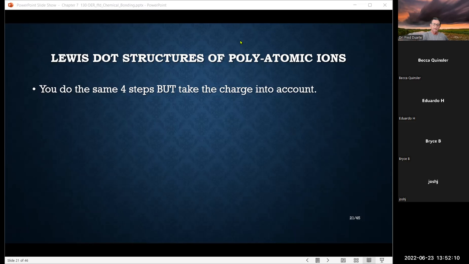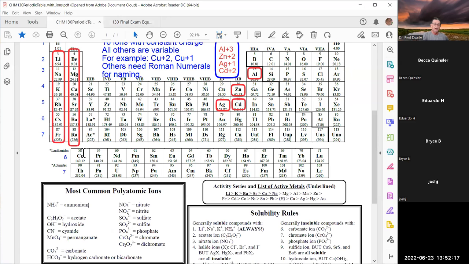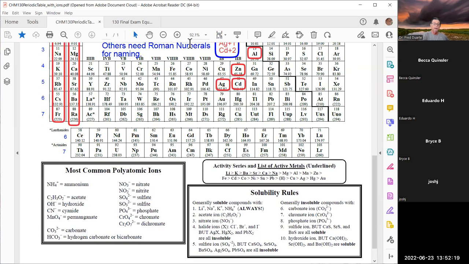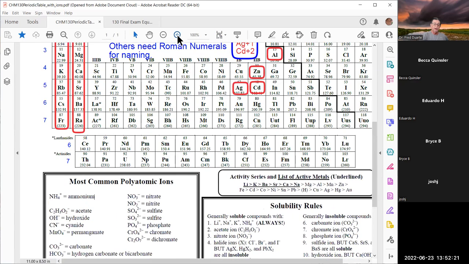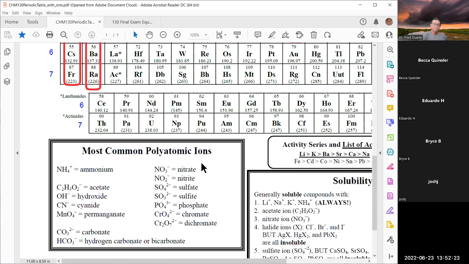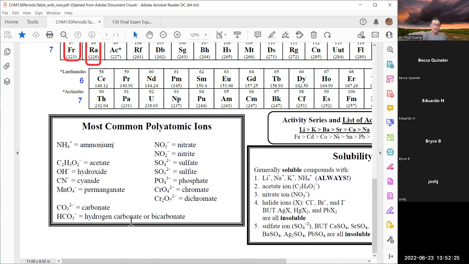Now, polyatomic ions. What exactly are these? Well, let me refresh your memory. I did introduce them to you right here on the periodic table, the most common polyatomic ions. At that time, I stated that if you notice them, they are all covalent, meaning that they're just nonmetals bonded to each other.